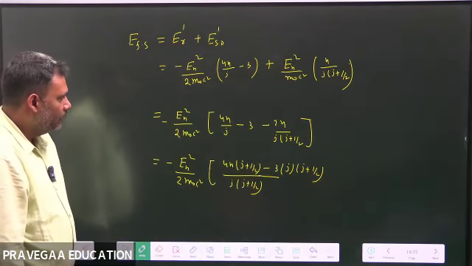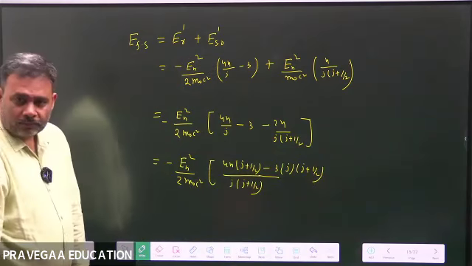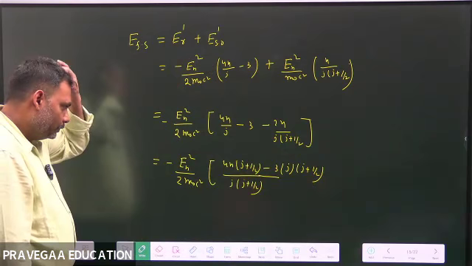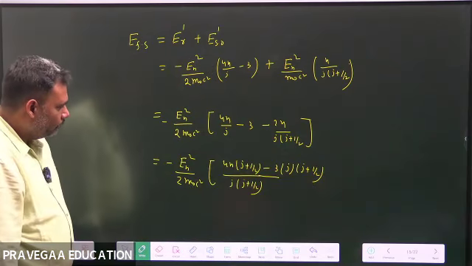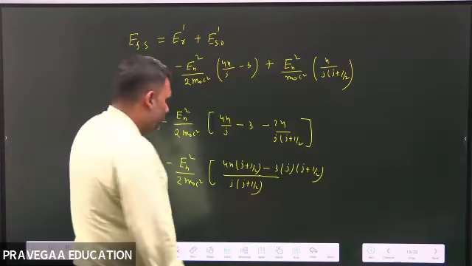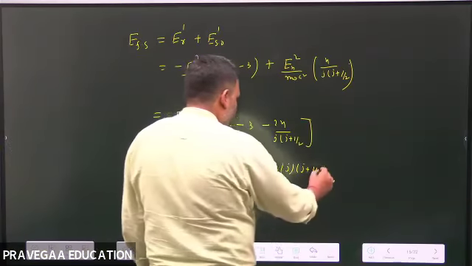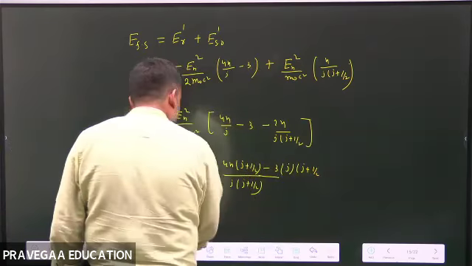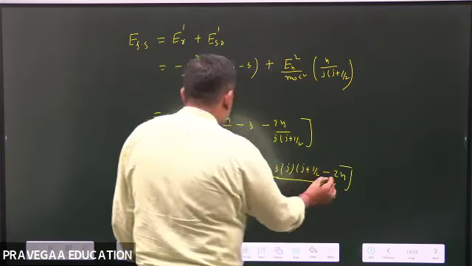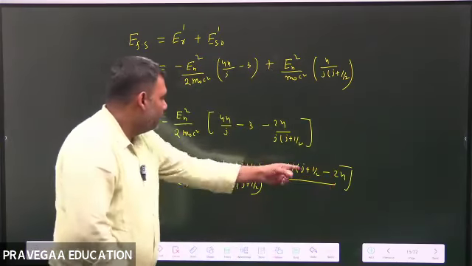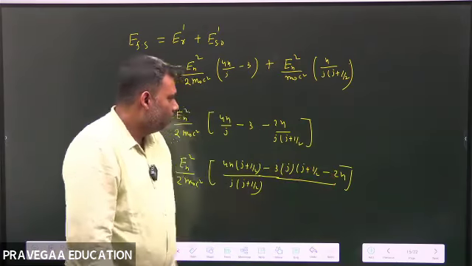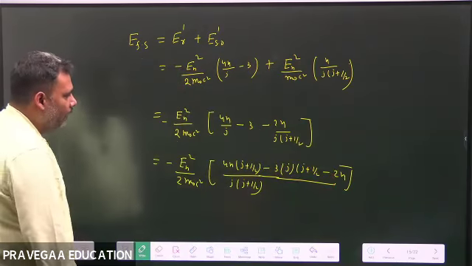ठीक है? ठीक है, so what will happen? अच्छा, और भी तो है टर्म, minus 2n, ये है ना। अब इसको 2n तो कैंसिल हो जाएगा, यहां से ये 2n and this 2n is going to cancel out. So what we have?